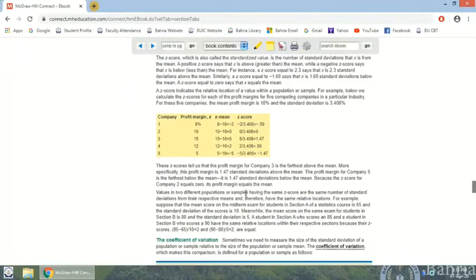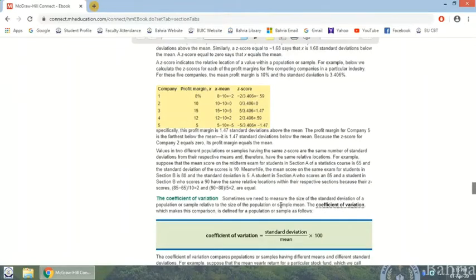But in this case, this is just a formula that you have to memorize. The Z score was x minus x bar over standard deviation. This is standard deviation over mean, converted into a percentage by multiplying with 100. You can simply use the same data.